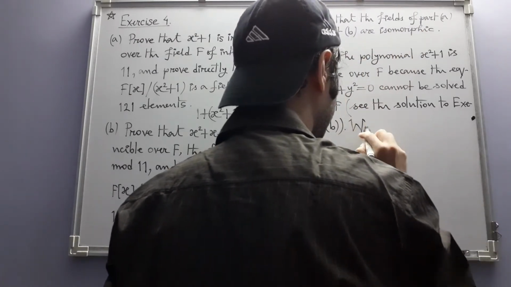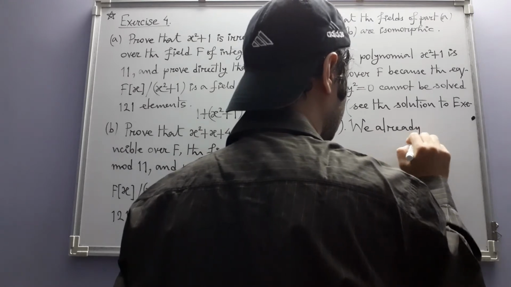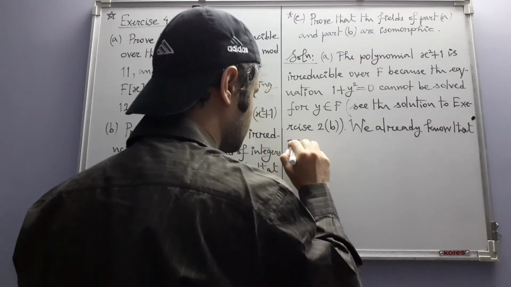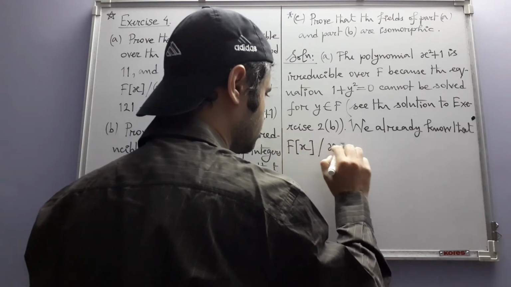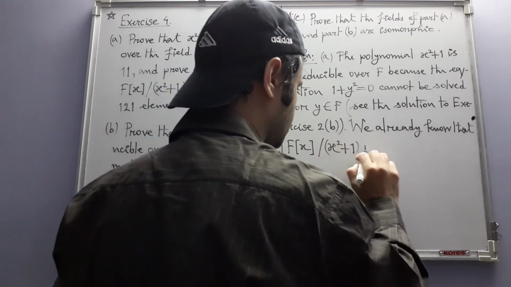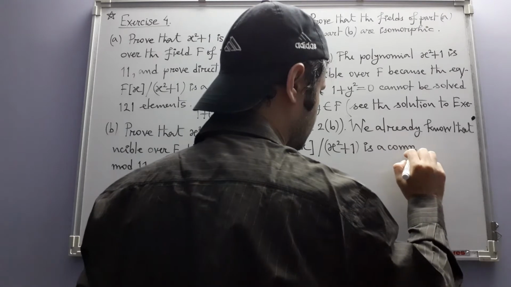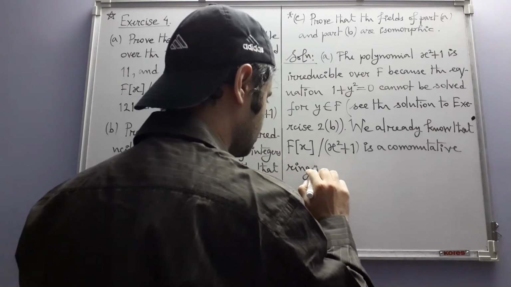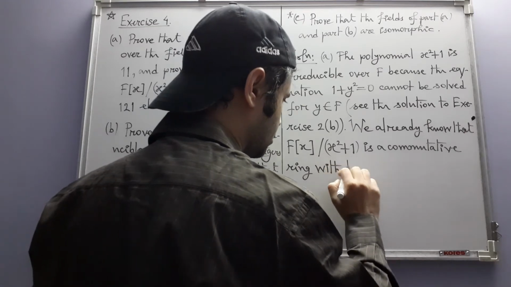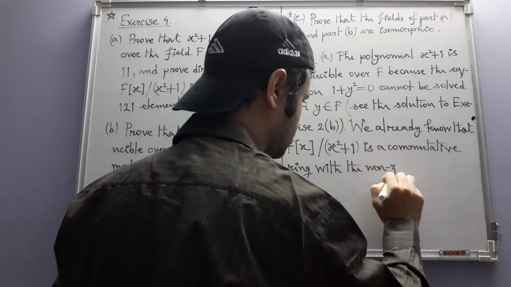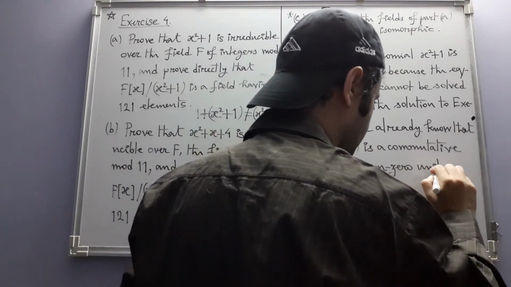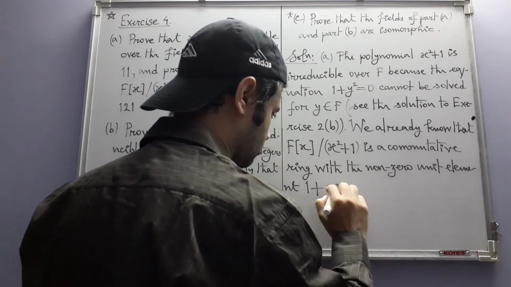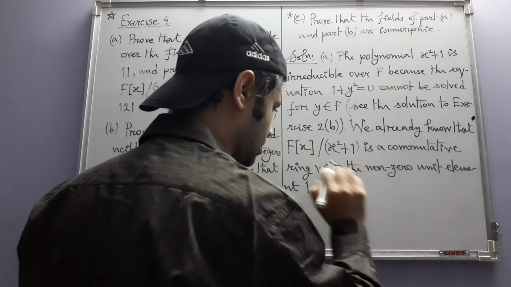We already know that this quotient ring is a commutative ring with the non-zero unit element, one plus x square plus 1.